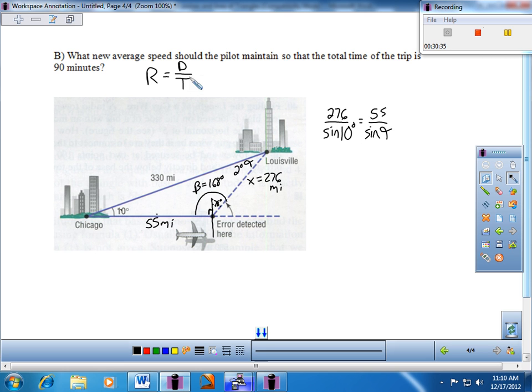Oh, I think this is going to be perfect. So I see this as 276 miles. That's the distance that the pilot would have to travel. In time, 75 minutes. You know, if it's okay with you, that would be 1¼ hours. Let's just put it in miles per hour. And I think we have a winner.